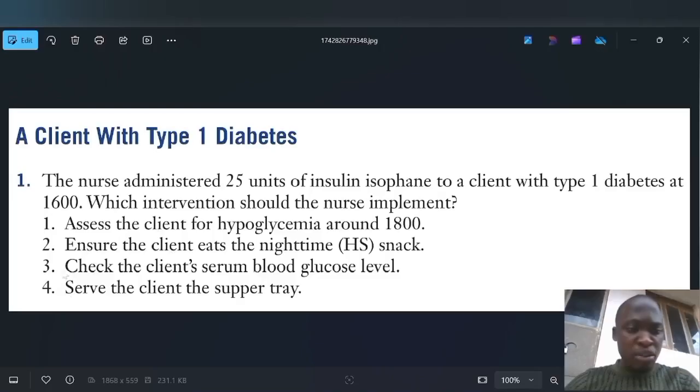Let's go to number 3, check the client's serum blood glucose level. Well, that's very important, but why should we check the serum glucose level at this time? No, we have to check it at 6 to 8 hours. Number 4, serve the client the supper tray. No, we shall serve the supper at 6 to 8 hours. So the answer was number 2.